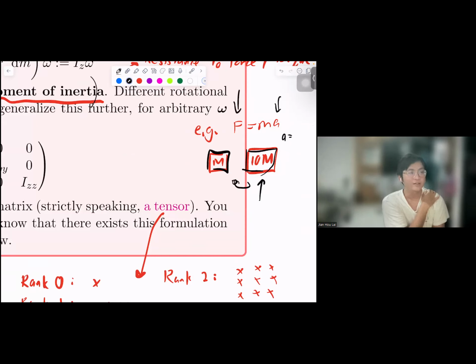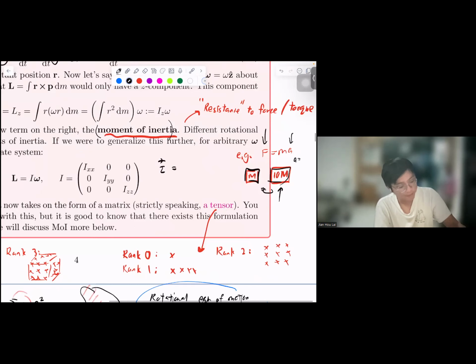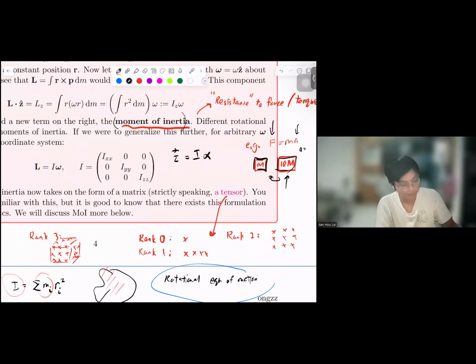It's similar for the torque, which is related to I alpha. Just consider the magnitude.